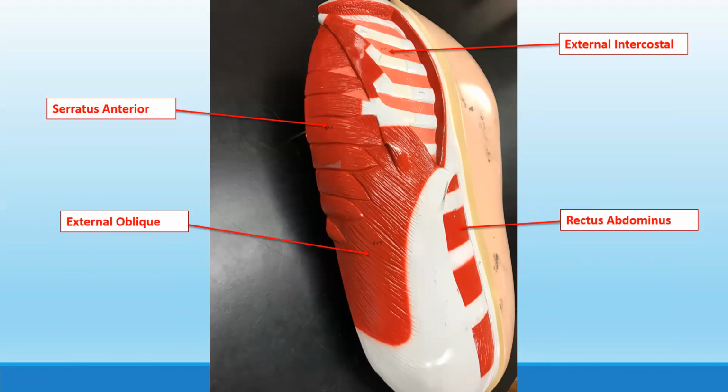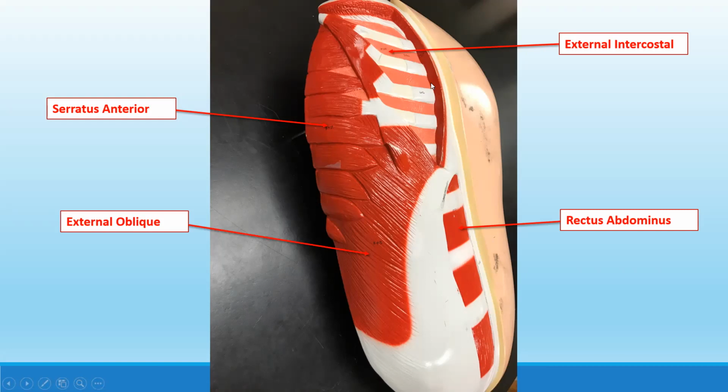The internal obliques are directly underneath them, but the fibers in the muscle cells run in the opposite direction. That's pretty obvious here in the external intercostals. The fibers in the external intercostal muscles are running towards the sternum.